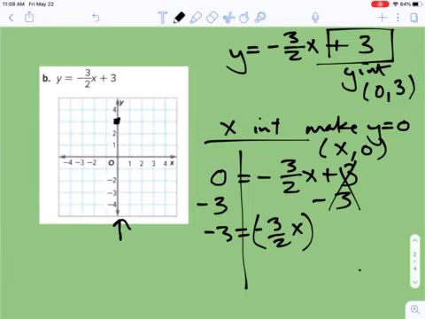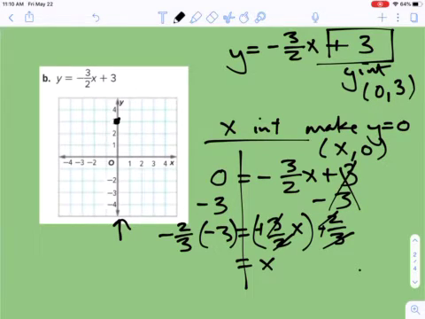So you just take whatever is being multiplied by x and then you just flip it, basically. Use your reciprocal, so negative 2/3. And you've got to include the negative sign if you have that. And then these cancel out, and your negatives cancel out, and you get x. That's what you want. You have negative 2/3 times negative 3. Well, let's put this 3 over 1.